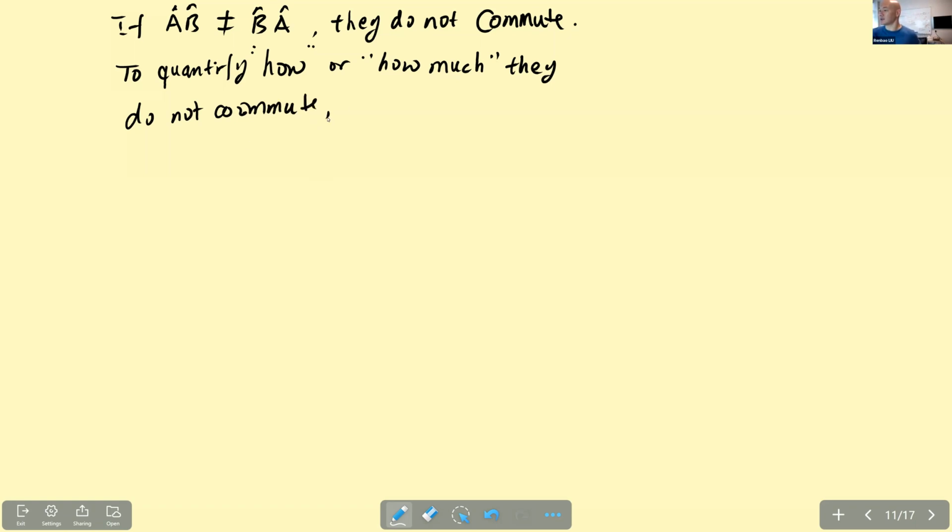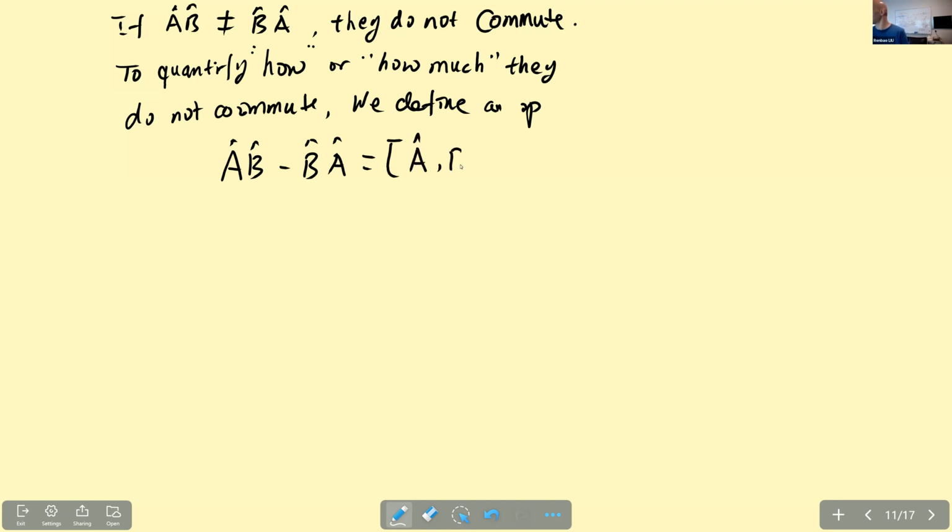So we can calculate... we define a new operator as AB minus BA. Okay. And this one is called the commutator.